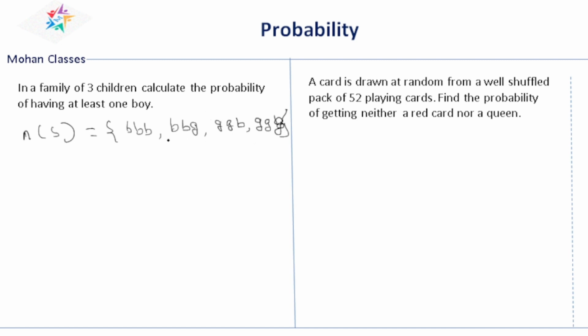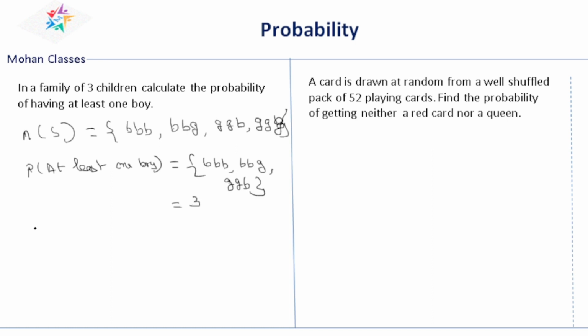Now what you have to do? At least one boy. So what is at least one boy? Here we are having one boy, here also we are having a boy, and here also we are having a boy. So that is 3.